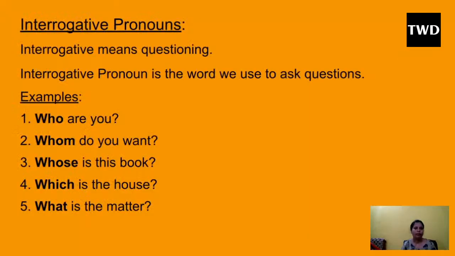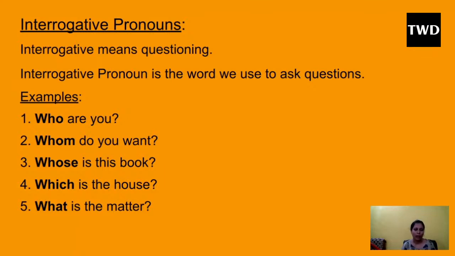Okay. Moving forward, it is interrogative pronoun. What is the meaning of interrogation? It means asking questions. So, whichever words we use to frame questions are known as interrogative pronouns. All the W words we use to frame our questions, like who, whom, whose, which, what, where, when, why, so many.